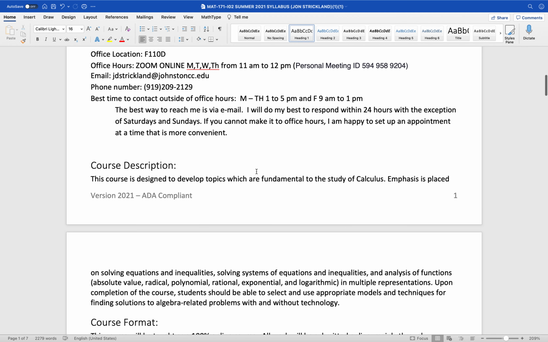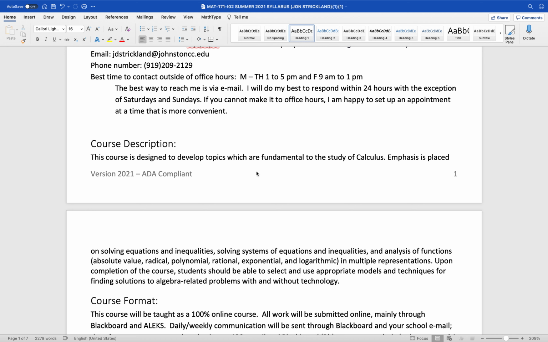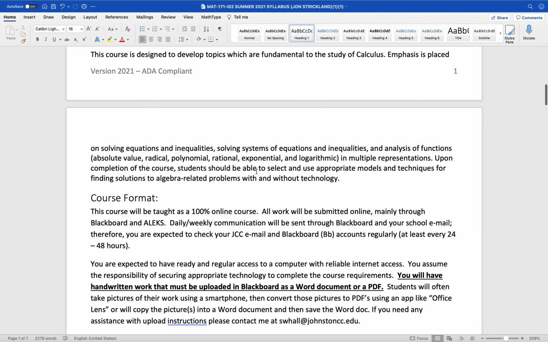For the course description, this course is designed to develop topics which are fundamental to the study of calculus, and emphasis is placed on solving equations and inequalities, solving systems of equations and inequalities, as well as analysis of functions of various types.